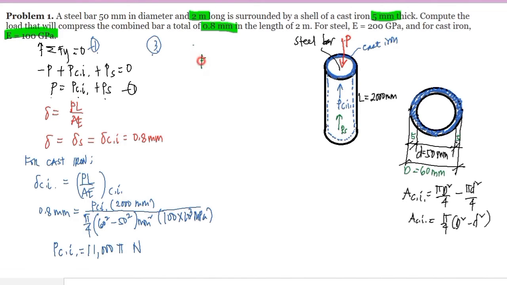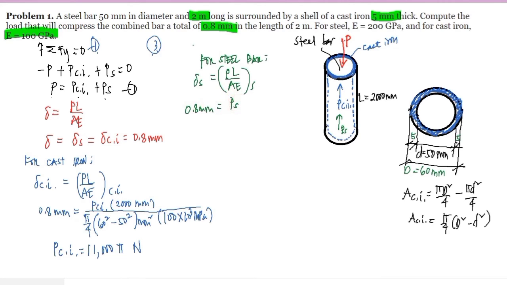Now for the steel bar, we have the deformation of the steel bar is equal to PL over AE of the steel bar. So we have here the deformation, which is equal to 0.8 mm.